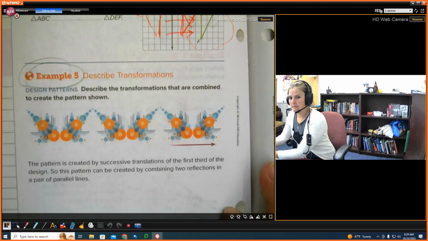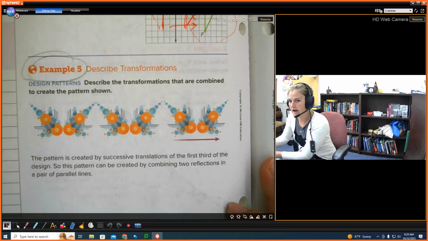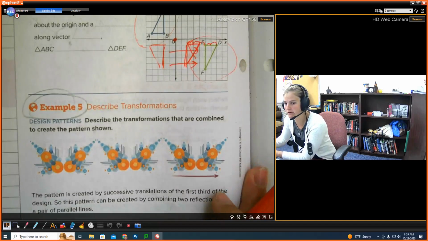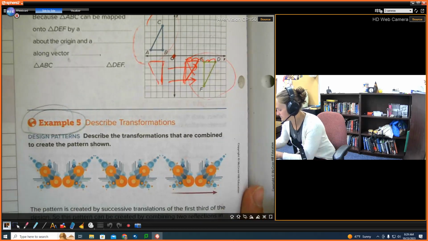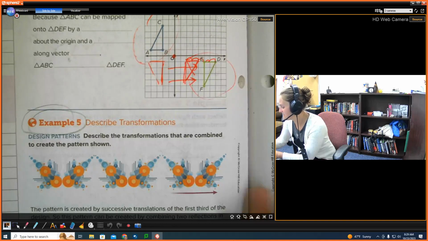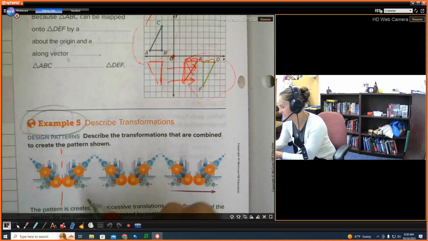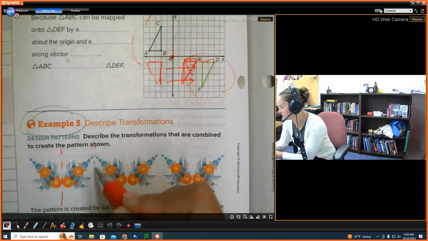Okay, and then example 5 says describe the transformation that is going on combined with the pattern. So how this pattern was created is what we're looking for. So if they look the same, it's probably a reflection over and over, right?